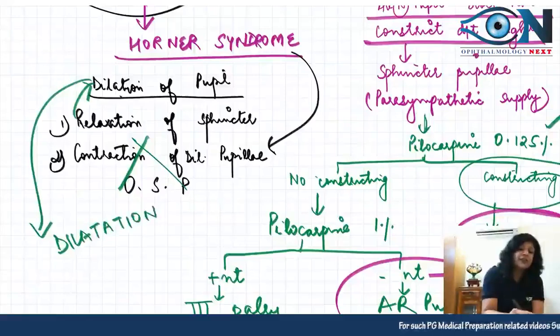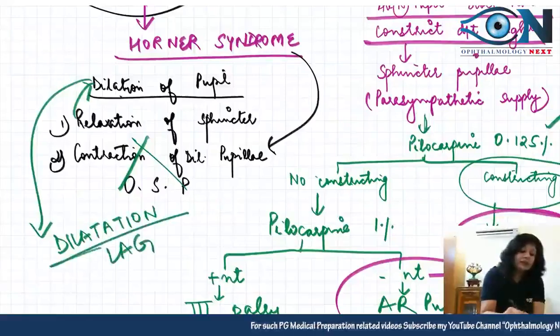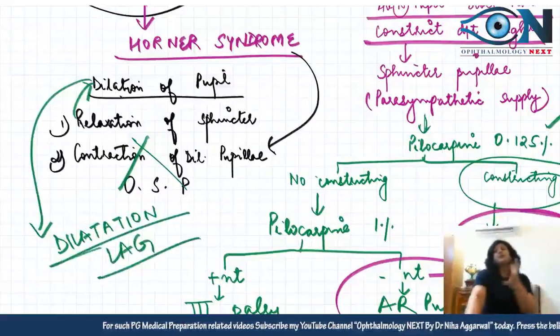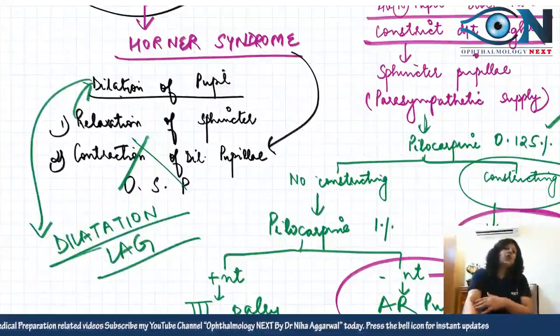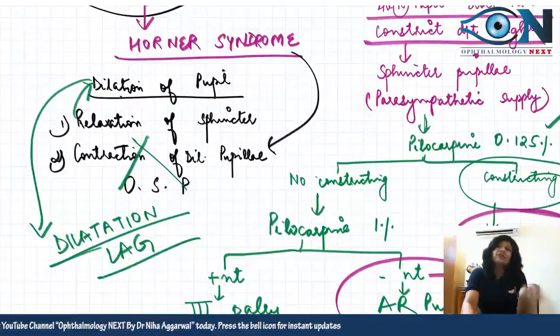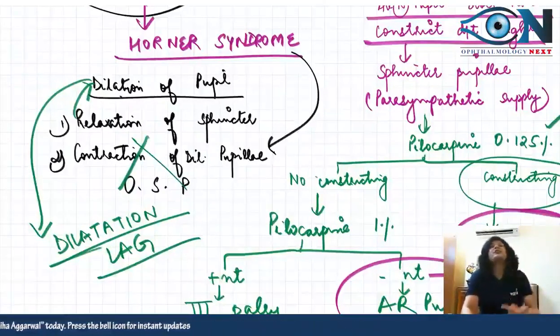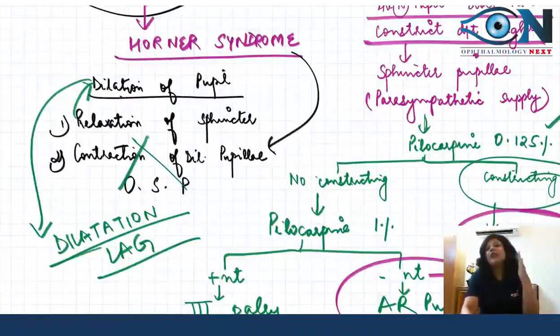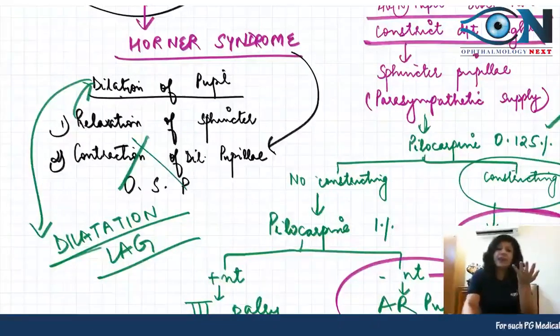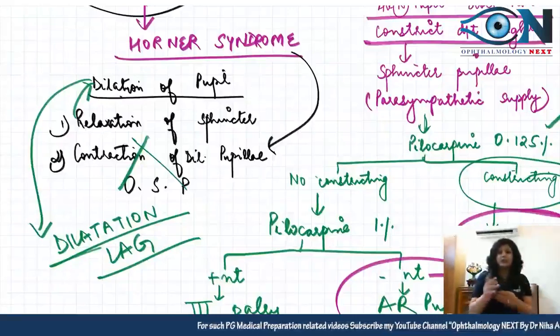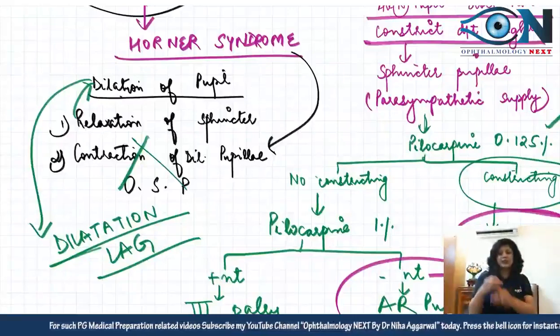So this is a very important term that you can say with respect to the Horner syndrome. There is always a dilatation lag. It will dilate due to the relaxation of the sphincter, but certainly it will not do it at the same time. So we can even check it under the dark conditions in our OPD rooms. Switch off the light and show the torch light from below, okay, and then remove.